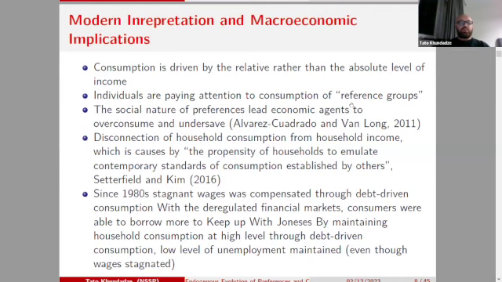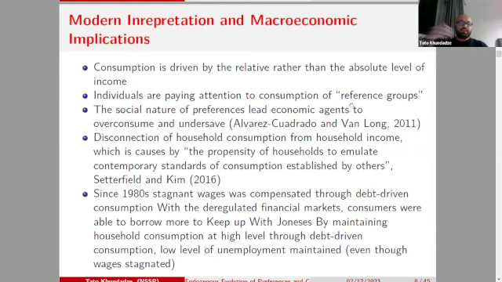For instance, I will mention a few things: the disconnection of household consumption from household income, which is caused by the propensity of households to emulate contemporary standards of consumption established by others. So this is one important thing.